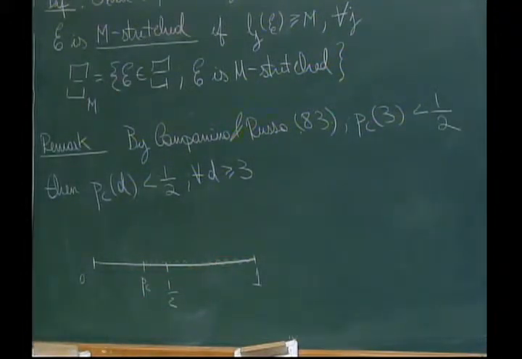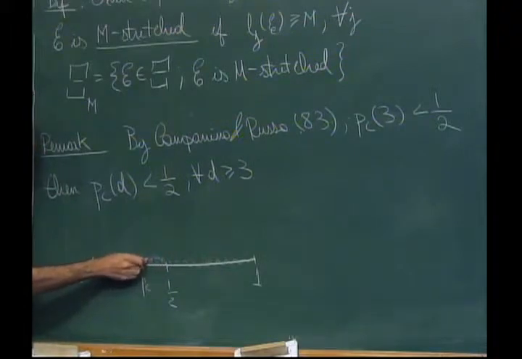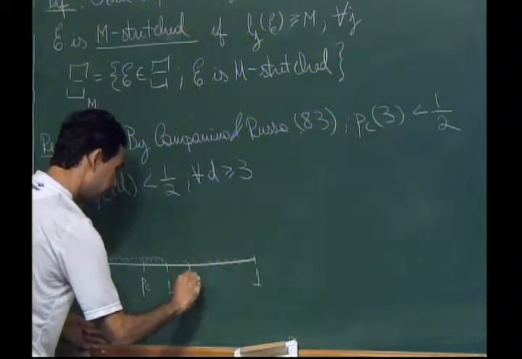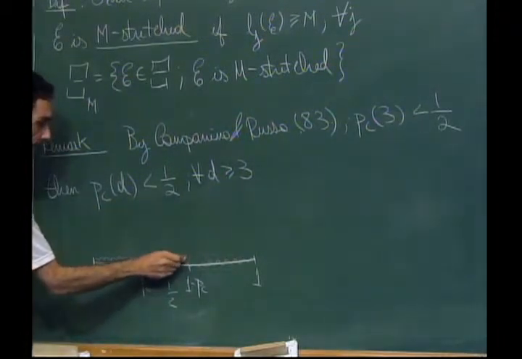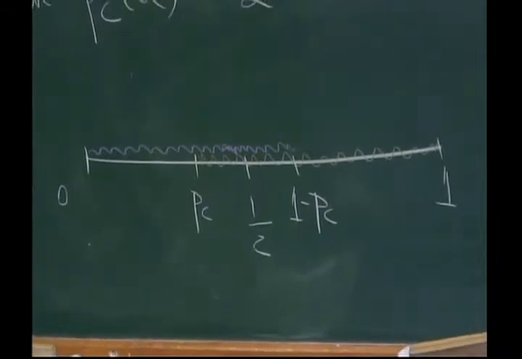And here is 1 minus p_c, and this region is the supercritical phase for percolation of zeros.